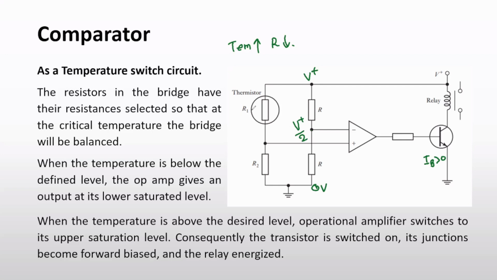And normally if the resistance R1 is equal to R2, the voltage here is also V plus over 2.